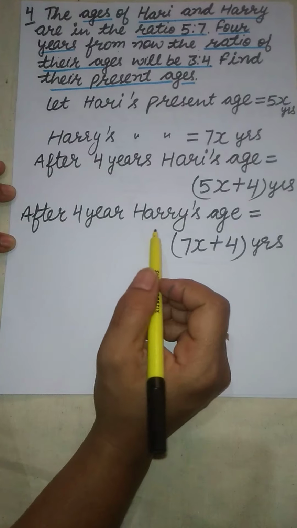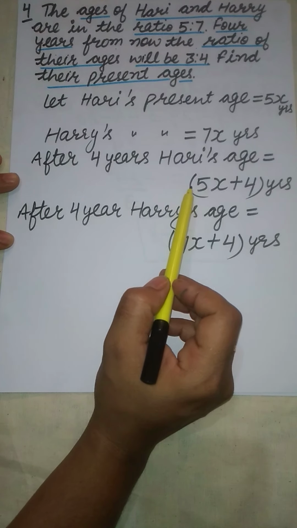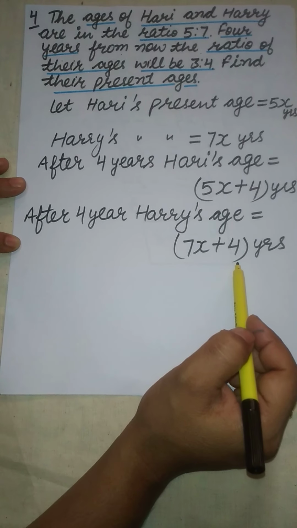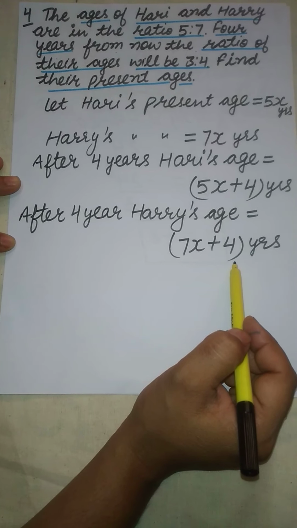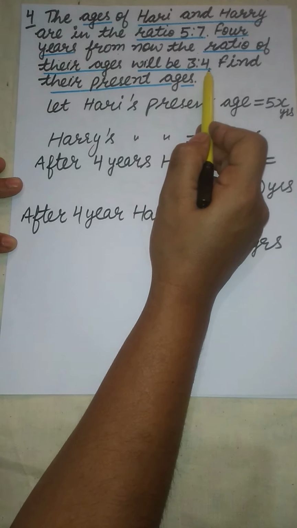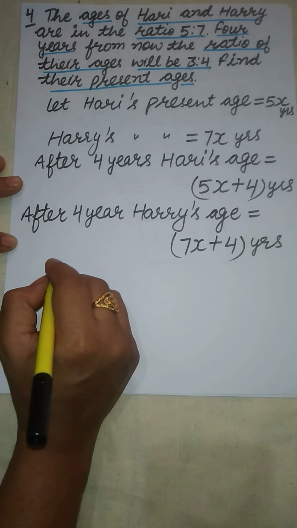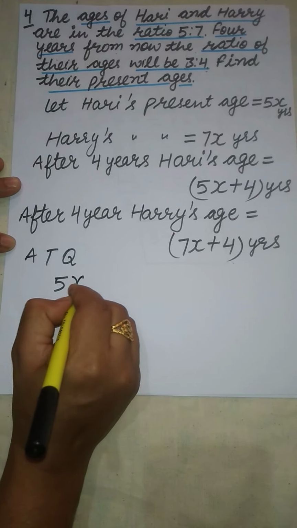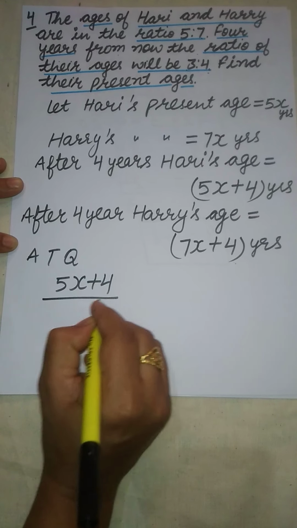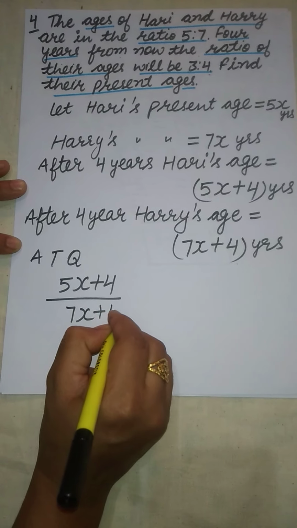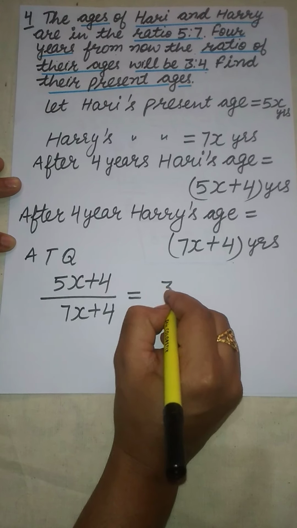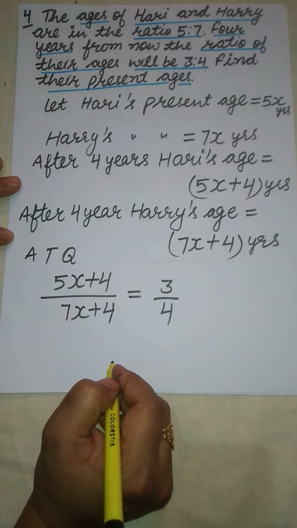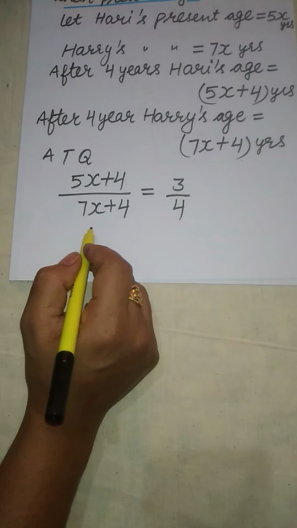According to question, after 4 years, the ratio of the ages of Hari and Harry will be 3:4. It means, according to question, (5x plus 4) divided by (7x plus 4) is equal to 3/4. Now this is the required equation.